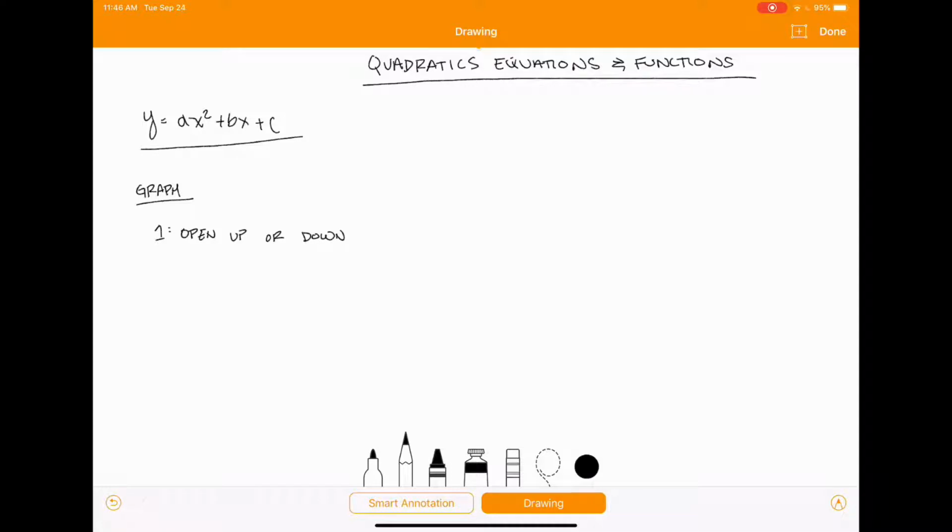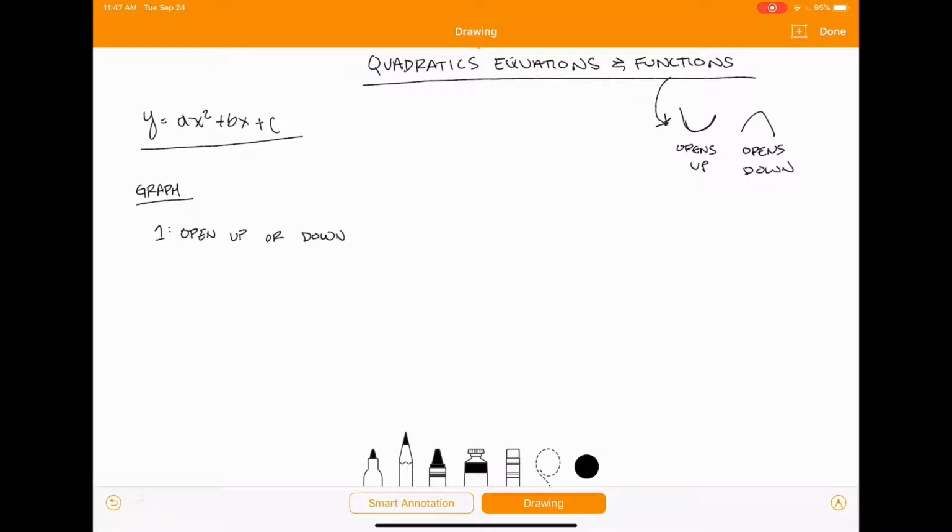Now, a quadratic function will always take a parabolic shape, so it will either look something like that or like that. So this would be considered opens up, and this one opens down.